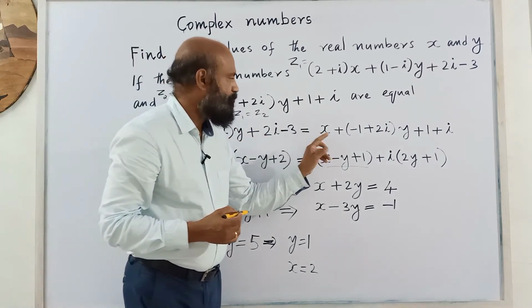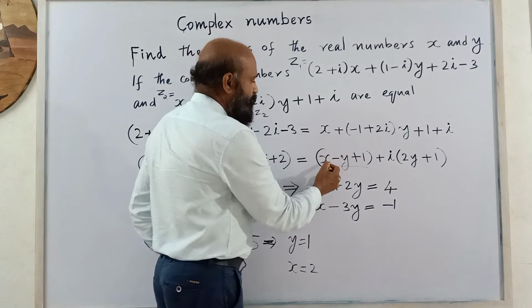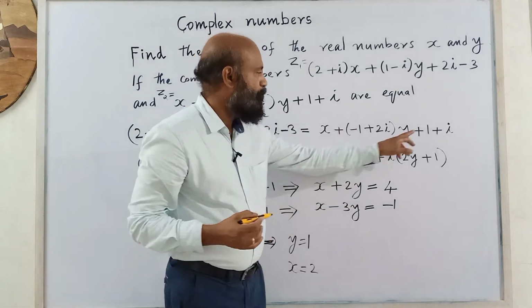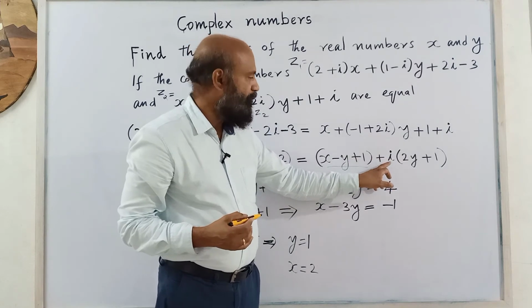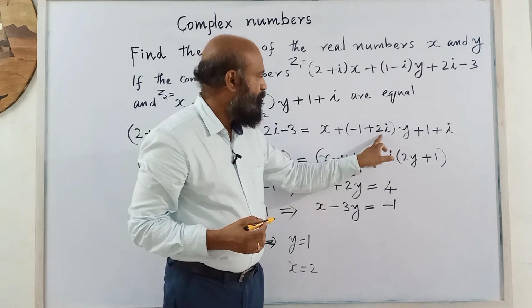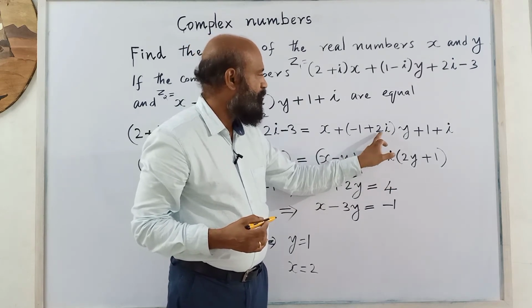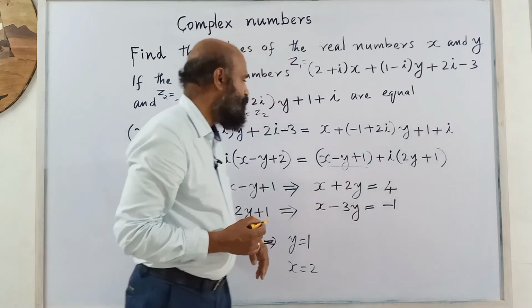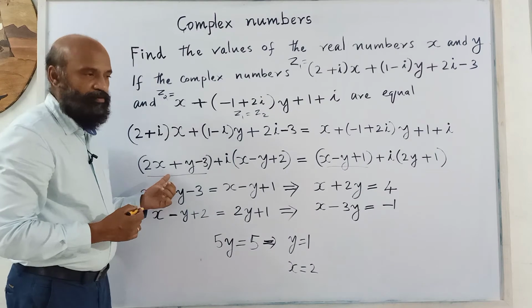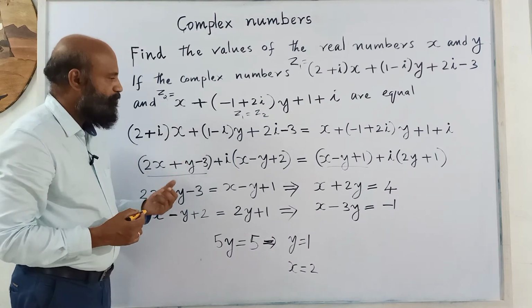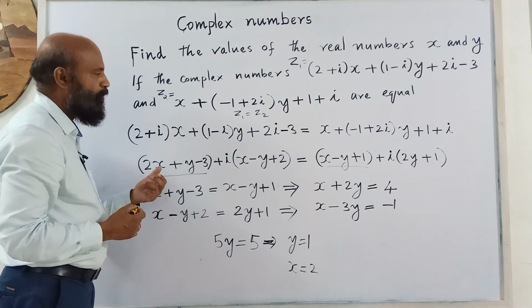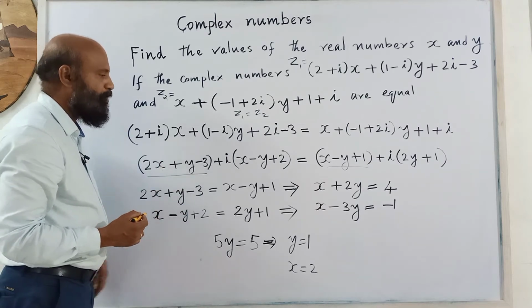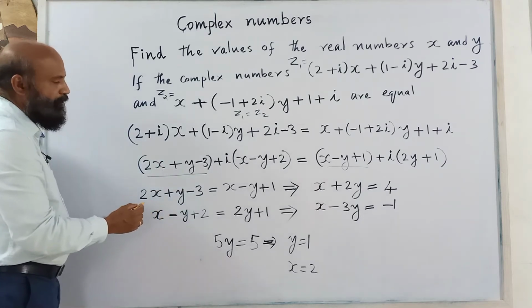This side real part, x minus y plus 1. Then terms with i. Here i, then 2y, i taken outside, so plus 1. Then if two complex numbers are equal, their real parts should be equal and their imaginary parts should be equal.